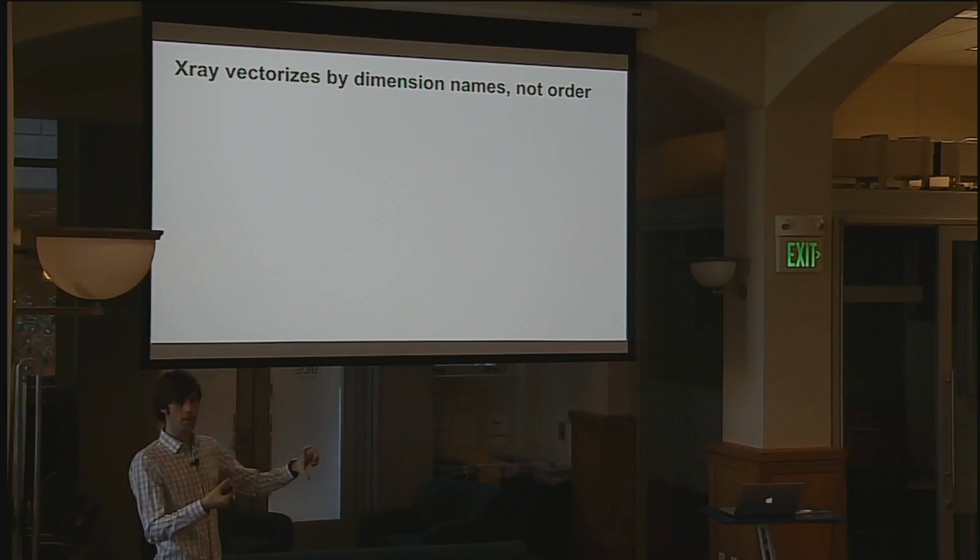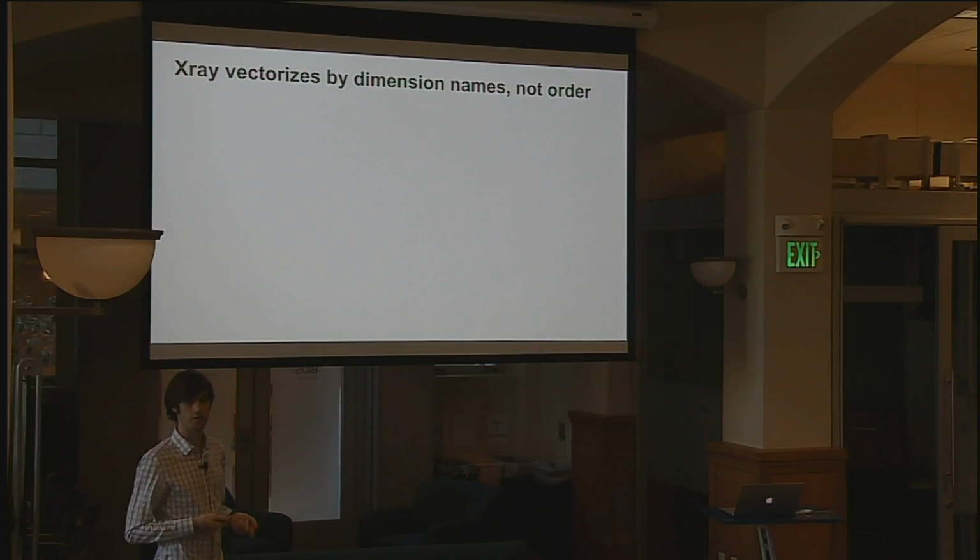I can add together a scalar number and a vector and get back a vector. Or I can add together a vector and a matrix, and if I do it right, I'll get back another matrix. So I have operations where I can do an implicit loop based on the dimensions of the arguments.